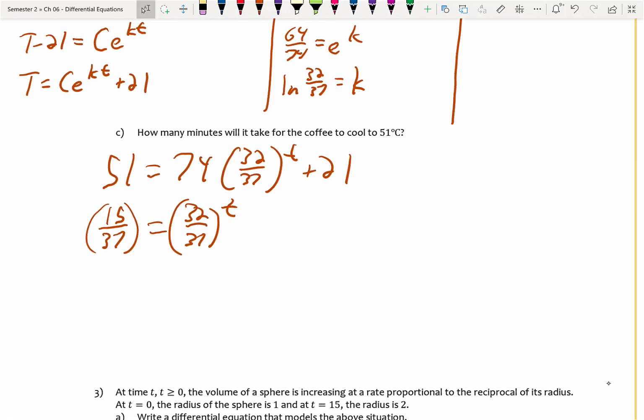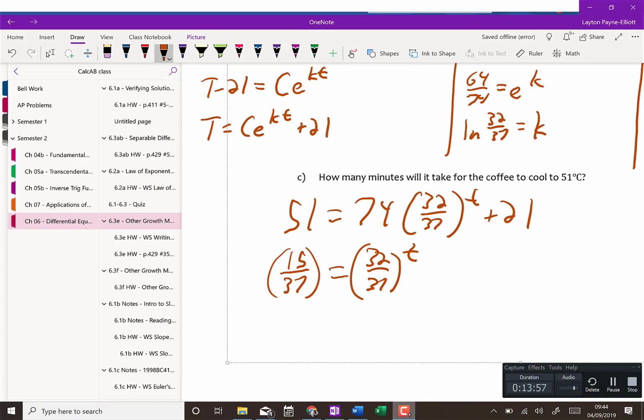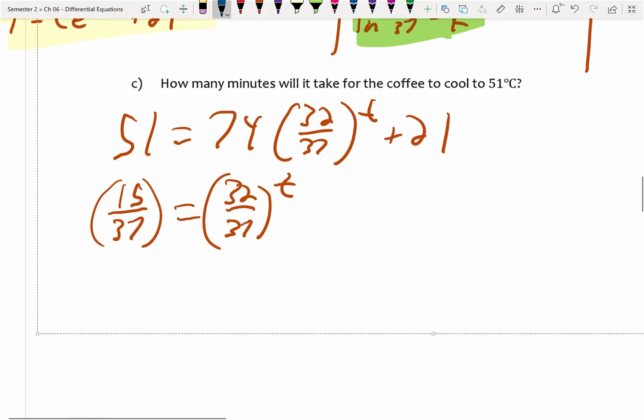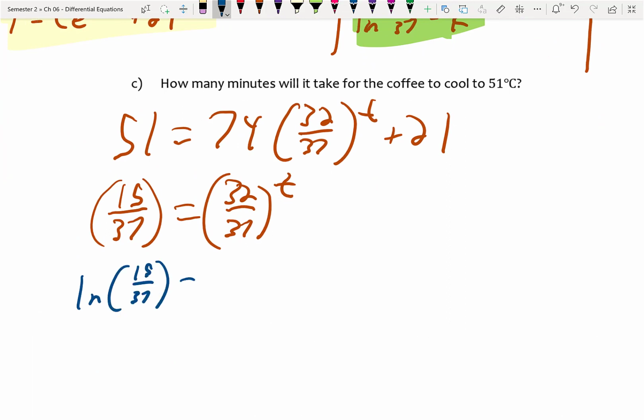The best way to deal with this now is to take a natural log of both sides. I'm going to pause for just a second on natural logs and working with that. Because I'm going to take the natural log of the left side, 15/37ths, the natural log of the right side. You remember what exponents can do, right? It can come out as a coefficient.